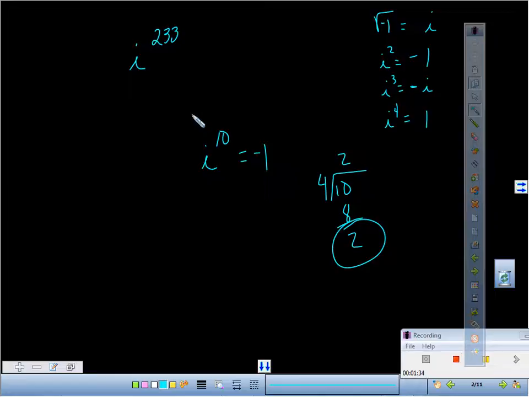The square root of -1 is i. So if it's not divisible by 2 or 3 or 4, it can only be divisible by 1, so it has to be i. If it's divisible by 2 and not 4, it's going to be -1. If it's divisible by 4, it's going to be 1. 10's not divisible by 4. It's divisible by 2, so it's -1.